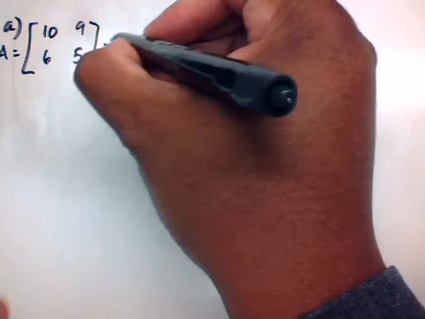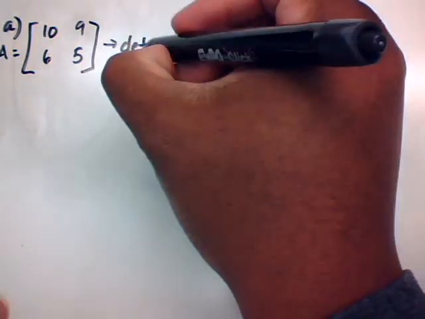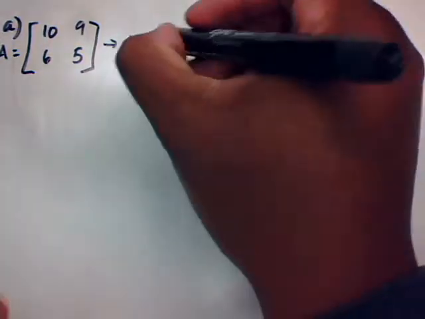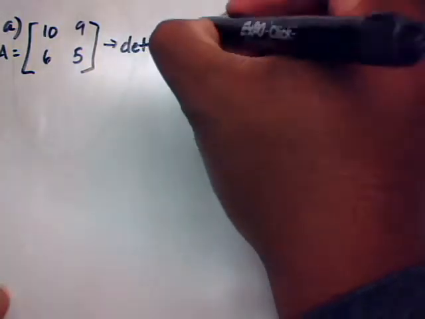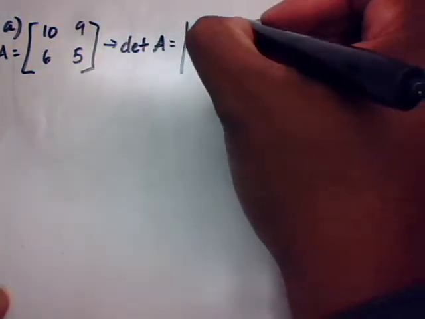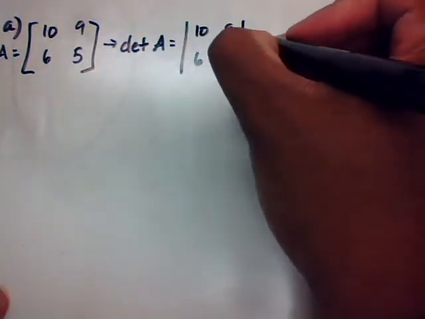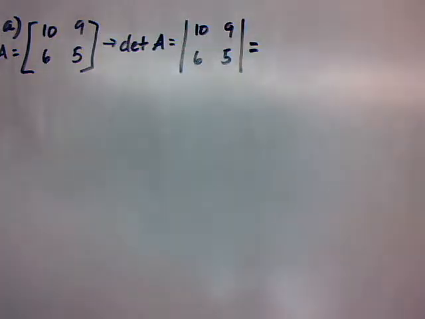So here we'll say the determinant, which is the DET, the abbreviation for the determinant of A, would just be the matrix with the vertical bars. And the way we find the determinant is this.